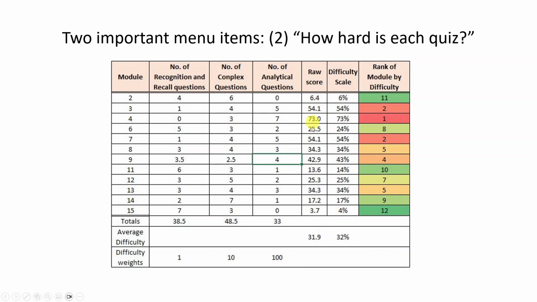And I give a raw score so I can say how difficult, meaning an analytic question is going to be harder to accomplish than a complex question. It's going to be harder to accomplish than a recognition and recall. So here's our difficulty scale. And you can see that Module 15 and Module 2 are the 2 easiest you're going to have.